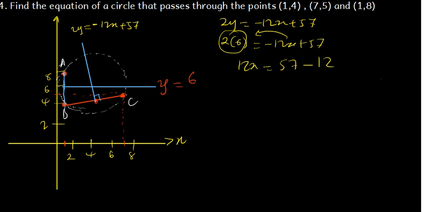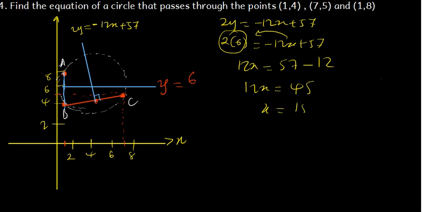So that is going to give us 12x being equal to 45. So 12 into 45, that is going to give us x being equal to about 3.75. Now better we write it as just a fraction.